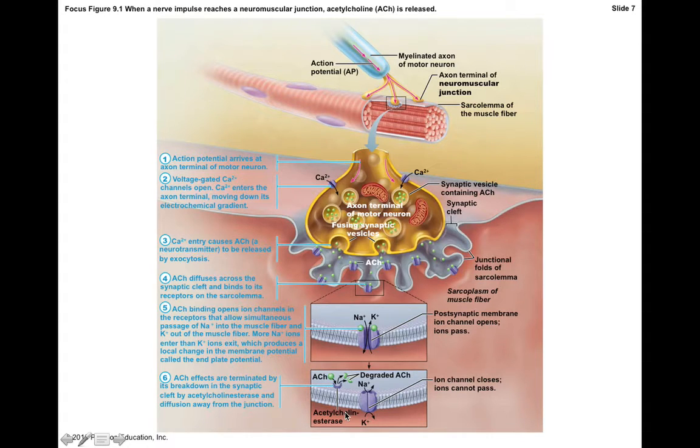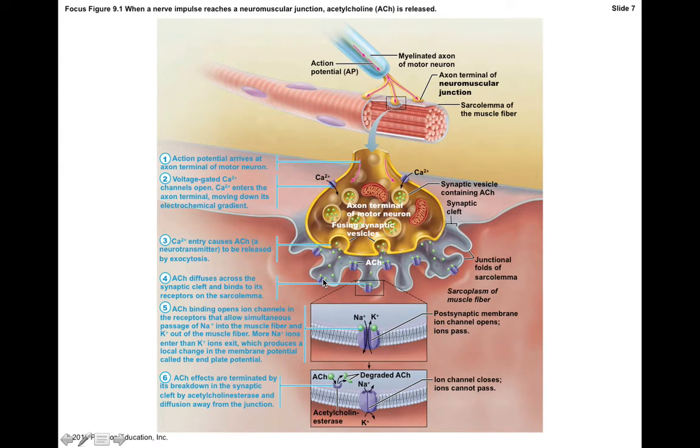So just to summarize those steps, step 1 was the action potential goes down the nerve terminal. Step 2 is where the voltage-gated calcium channels open up. Calcium moves down its electrochemical gradient. Step 3 was calcium entry causes exocytosis of neurotransmitter-containing vesicles. Step 4 is when acetylcholine diffuses through the synaptic cleft and binds the receptors in the motor end plate.